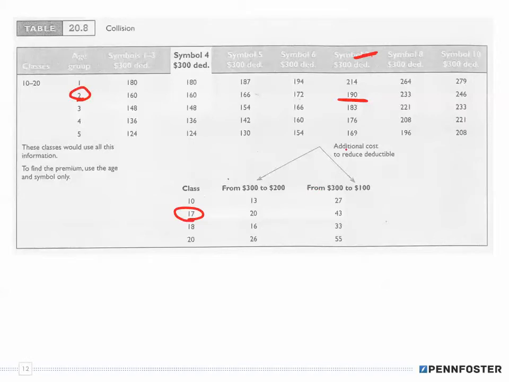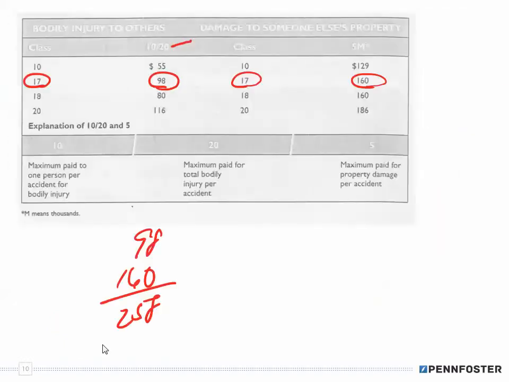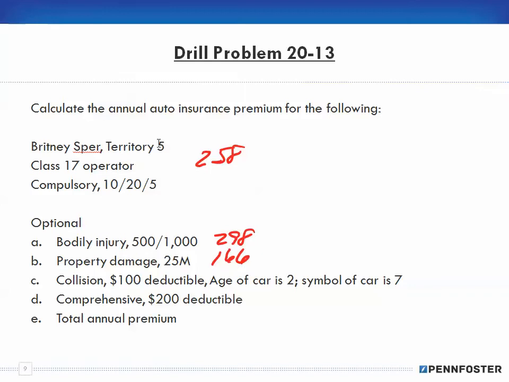This says an additional cost to reduce the deductible. So I had 190 from up here, and going from a $300 down to a $100 deductible is an additional $43. So that's $233 for our collision.